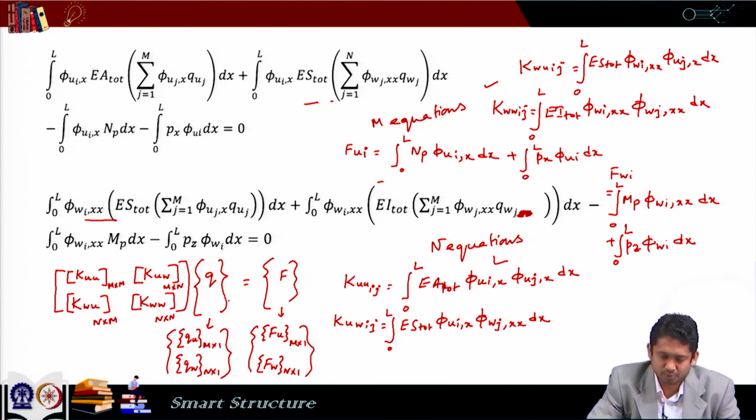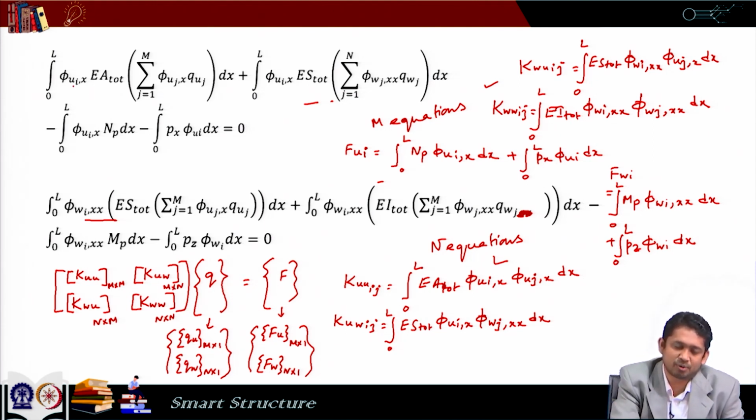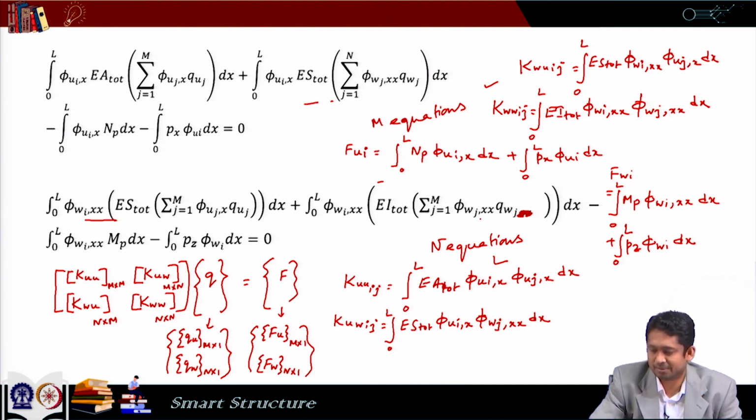So, here by shifting the derivative, the benefit that we get is the order of the differentiability requirement for phi reduces. In the previous case, here phi had no derivative, but here phi had derivative of order 2, and similarly here the phi had derivative of order of 4. So, accordingly we had to choose phi u in such a way that it is differentiable at least 2 times.